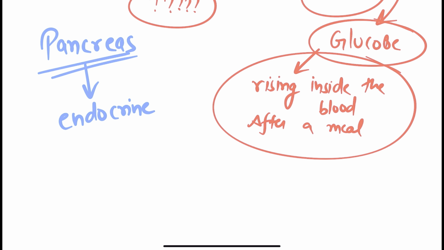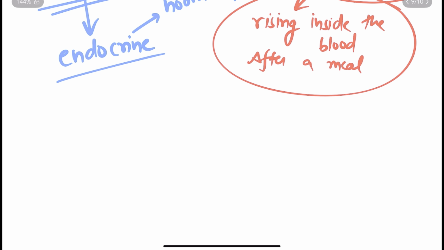You already know that the pancreas has a dual function, the exocrine function and the endocrine function. Exocrine function is related to the release of enzymes, but endocrine function is related to the release of hormones. And the pancreas endocrine portion contains two types of cells, the alpha cells and the beta cells.